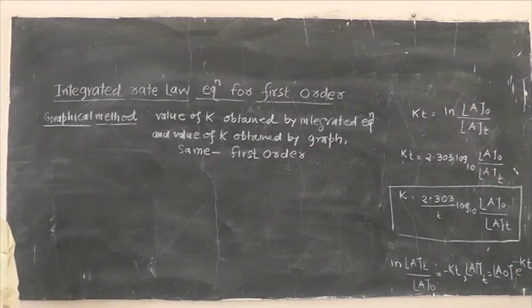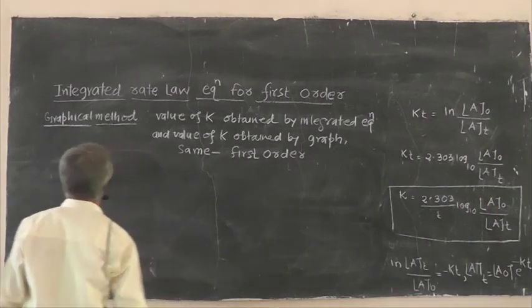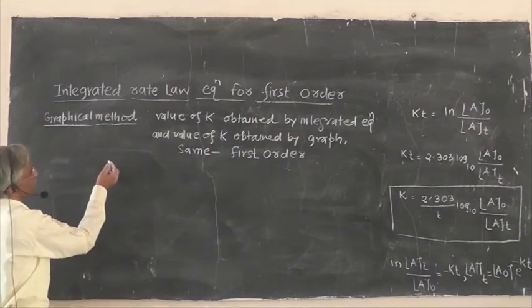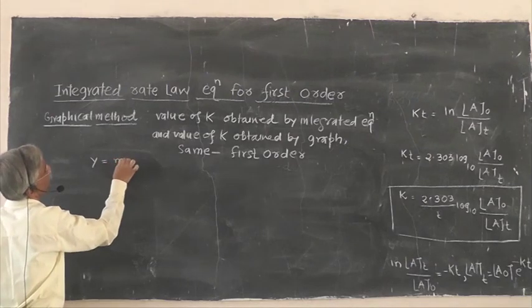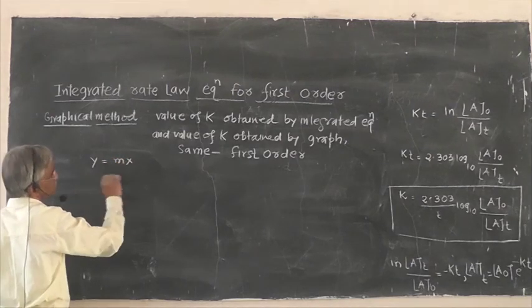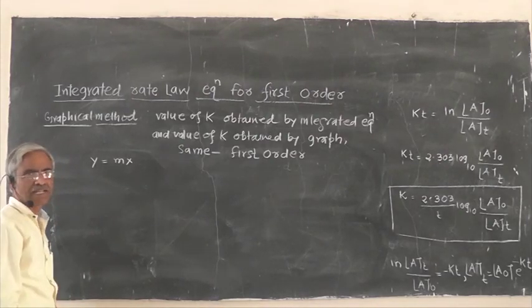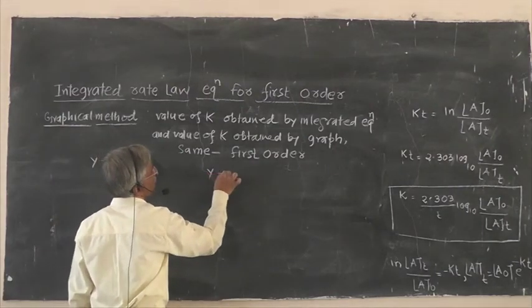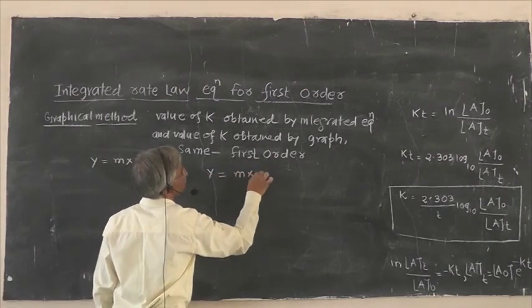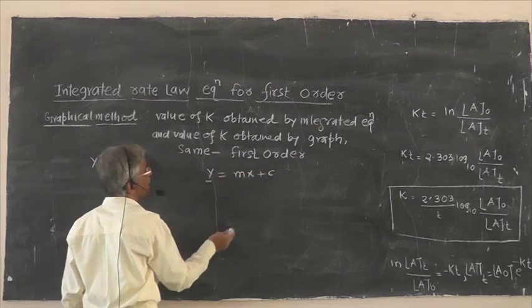Now let us go for the integrated rate law equation. For the integrated rate law equation, we prefer to put the equation in two different forms. One is y equal to mx. This is one form of the equation, a straight line without an intercept on the y-axis, and the second is y equal to mx plus c, where y is one function and x is another function.